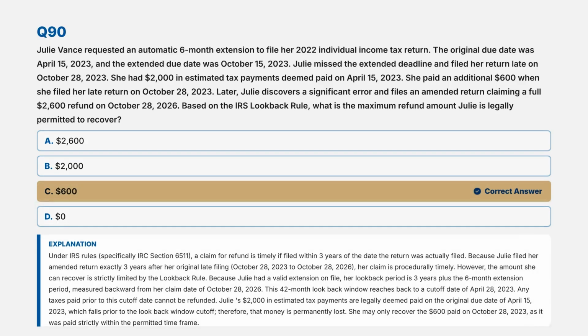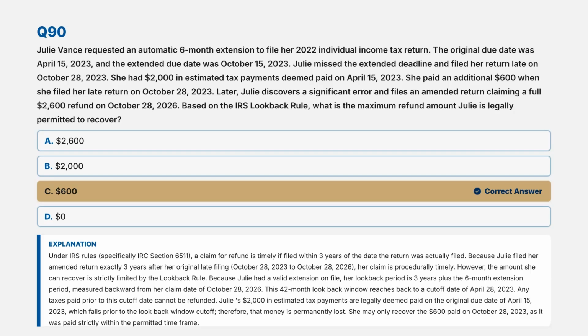$600. Under IRS rules, specifically IRC Section 6511, a claim for refund is timely if filed within 3 years of the date the return was actually filed. Because Julie filed her amended return exactly 3 years after her original late filing, October 28th, 2023 to October 28th, 2026, her claim is procedurally timely.